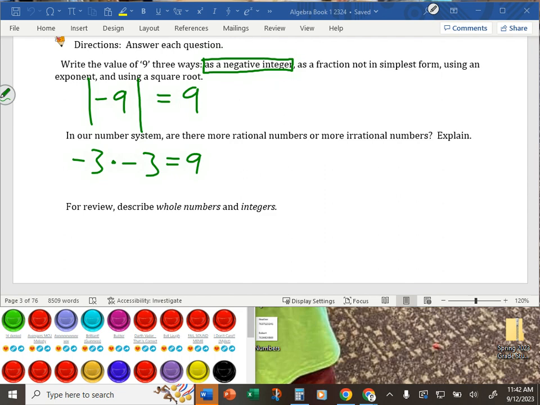And then lastly, for review, this goes back to last year as well, CO1, describe whole numbers and integers. Okay? For this one, if you don't know, it's okay to Google it. It's okay to ask your friends, Alexa or Siri to help you. It's okay to do a YouTube search for pre-algebra CO1 on my YouTube channel, and then like and subscribe.